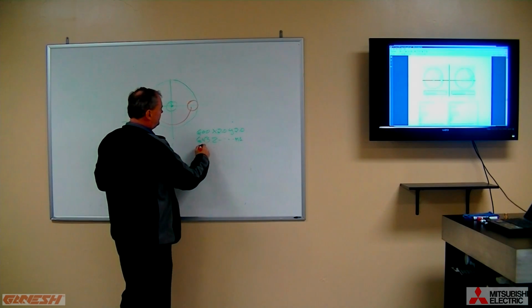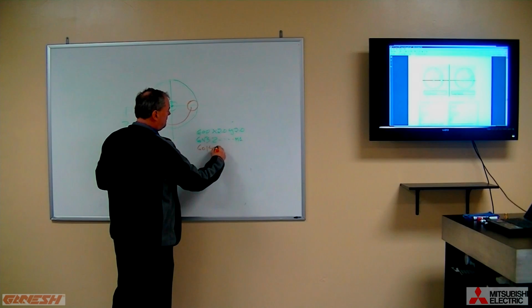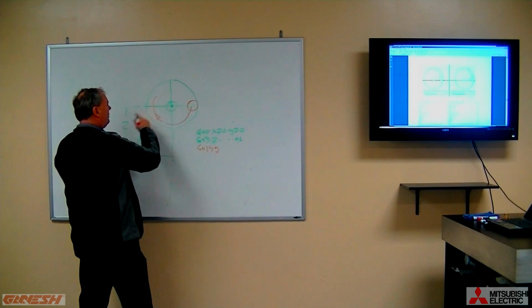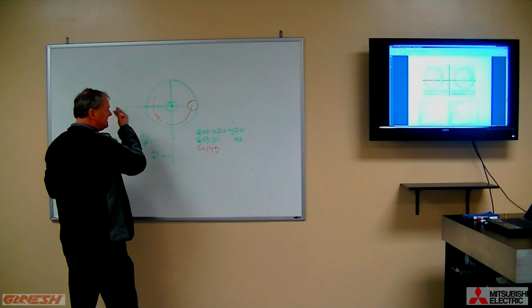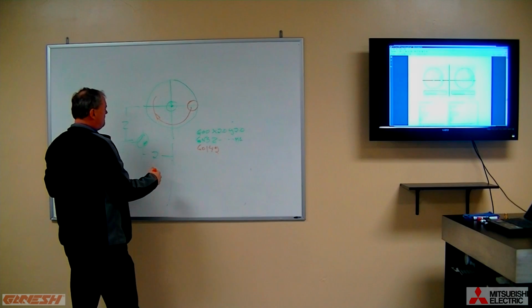We're going to say G01, G41, G42, I'm sorry, because if we're going this way, we're saying offset or compensate our cutter to the right of the material because this is a hole we're making.